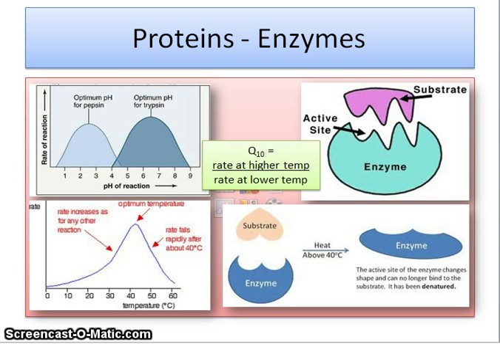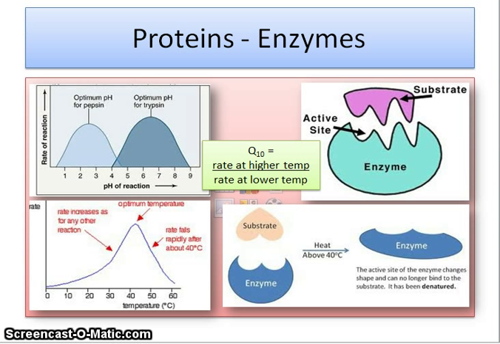Now if you look on the left hand side, you've got two graphs there that show you about optimum conditions for enzymes to work. Firstly, if you look at the one on the top left, you'll see that pepsin works at a very low pH and likes that, whereas trypsin doesn't. So trypsin has to be at a high pH, so it's more on the neutral side.